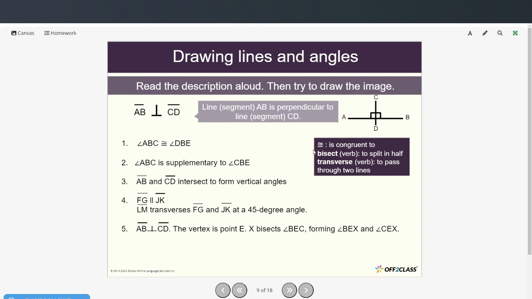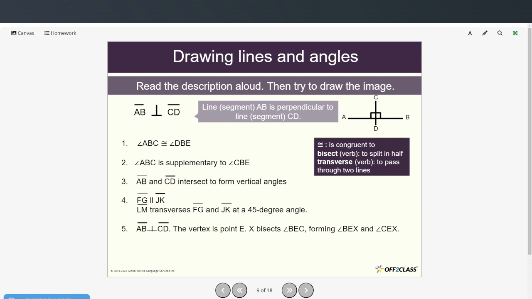So see if you can draw that. They give you a little hint here. Congruent, to bisect, to split in half, and to transverse, to pass through two lines. And then ABC is supplementary to CBE.